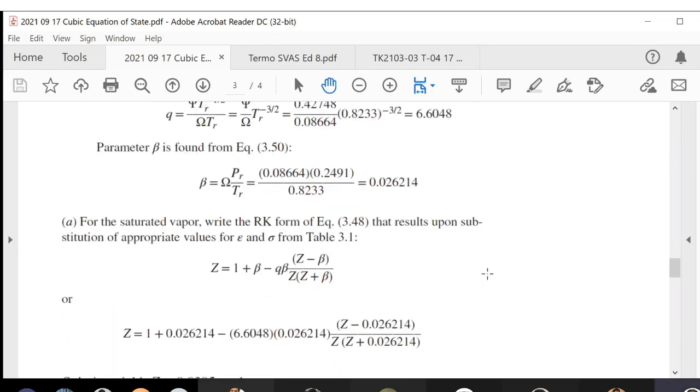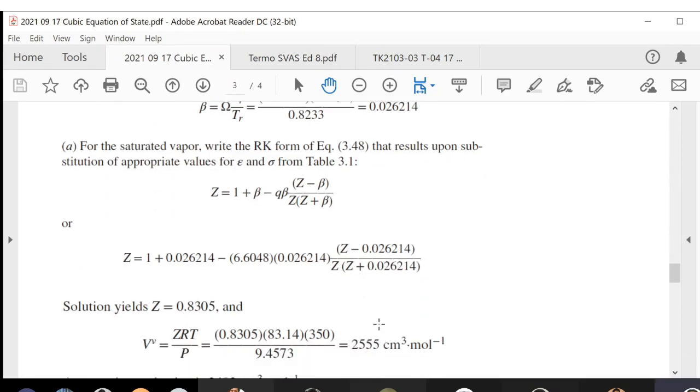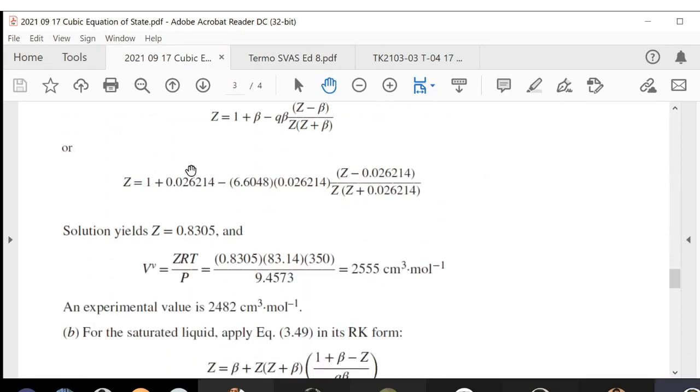Now we use this equation of Z. We have calculated beta. We have calculated Q. You just put those values over here. All you get is just Z. Okay? Now, how to get the root of the Z?